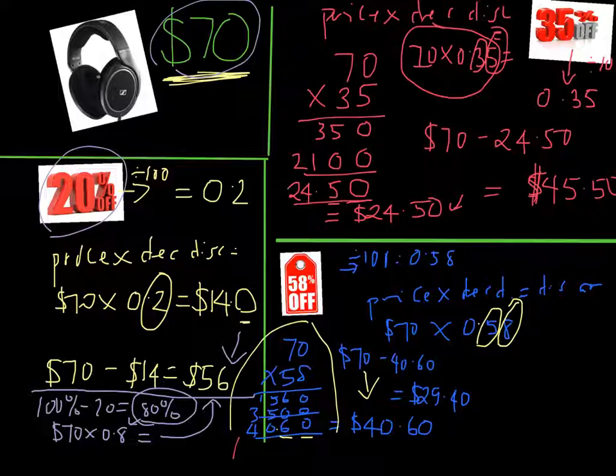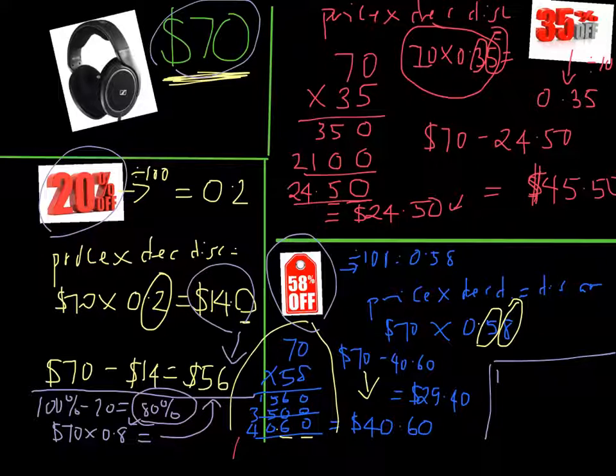You could then calculate the discount amount from that if you prefer to do that as well, if you needed to find it. So same thing for this equation over here, and it applies for the 35% one as well, but I won't do that because there's no room. If we want to find 58% off, we could start with the original price and call that 100%. So that's our $70 is 100%.